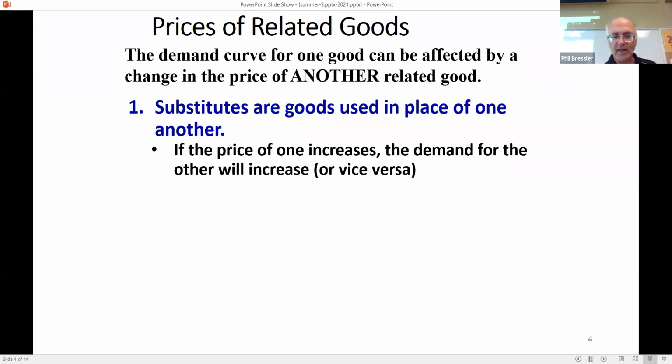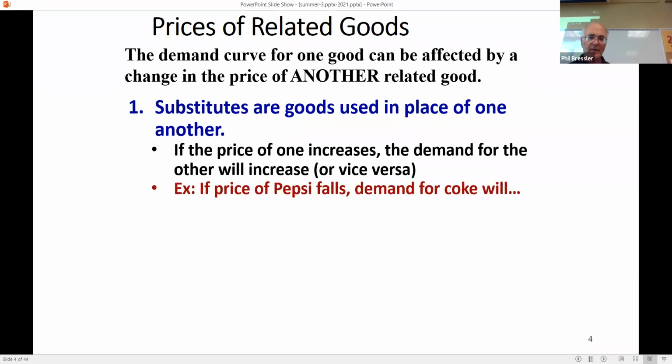And obviously, it works in reverse. If the price of Pepsi falls, then the demand for Coke will fall. All right? So in substitutes, they both go in the same direction, right? The price of Coke goes up, the demand for Pepsi goes up. The price of Coke goes down, the demand for Pepsi goes down.